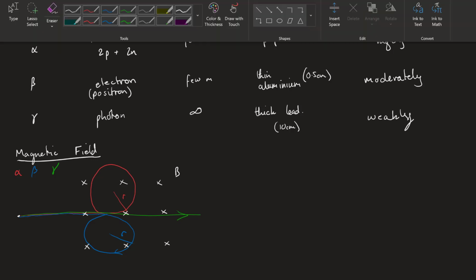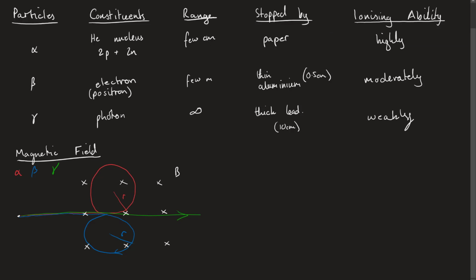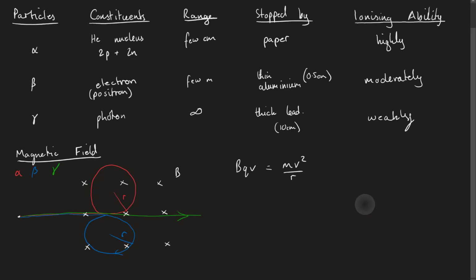Now, if I go back to my original pen, we already know this kind of equation, that I can relate the magnetic force to the centripetal force that is felt by each of these charged particles. So just the alpha and the beta, because obviously the gamma isn't going to feel a force. And I could come up with an expression for the radius of each of these, and then I could prove that even if I had a beta plus here, I could distinguish the difference between the beta plus and the alpha particle based on the radius.